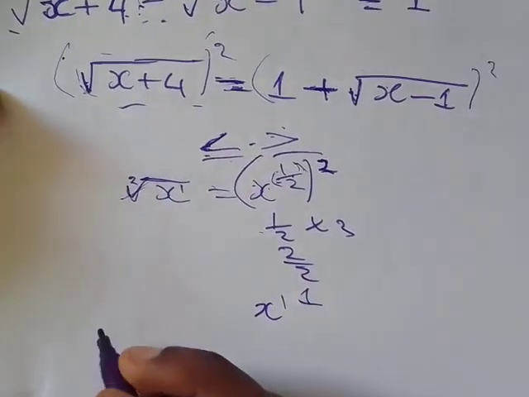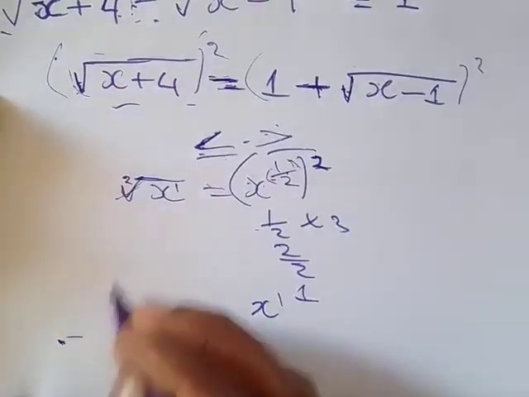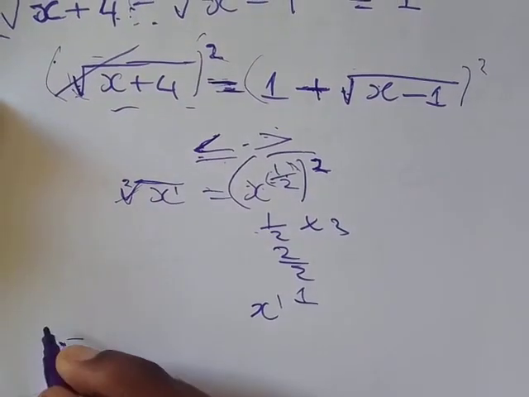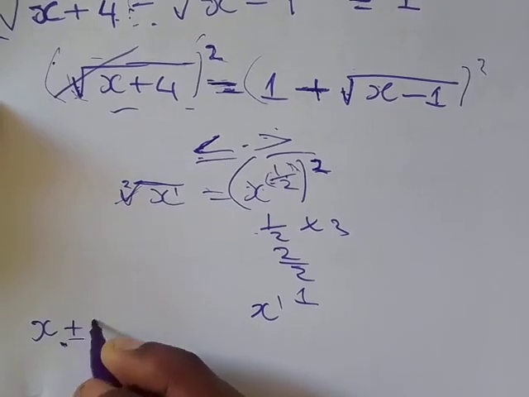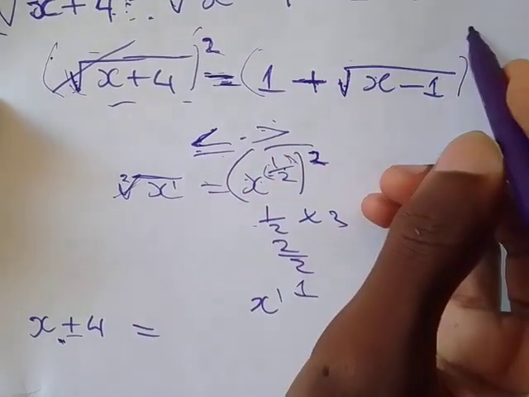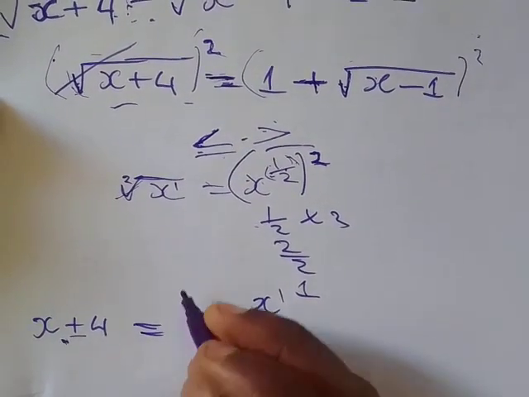So now let us solve it. If you raise this to the power of 2, it is going to cancel, and you just remain with x plus 4, being equal to, and here, as you can see, it has been squared. So I'm going to expand.